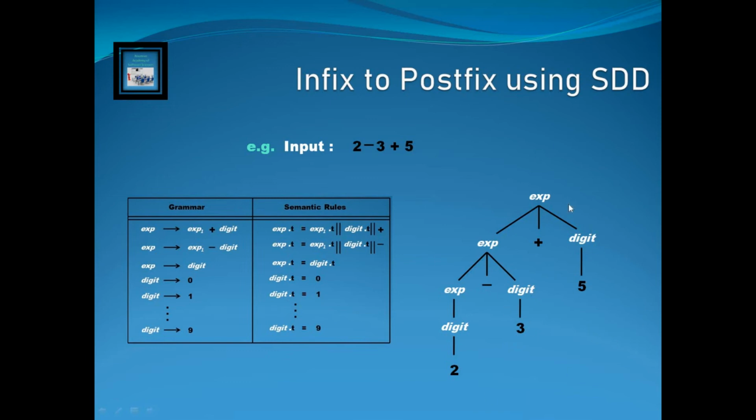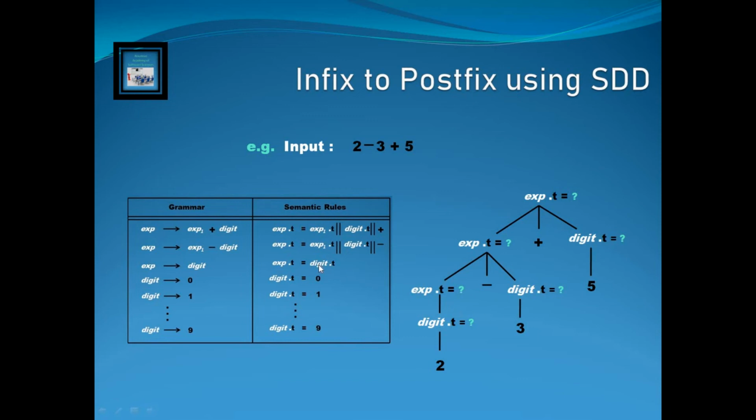So first of all we will just draw the parse tree for the given input, using the first column, the grammar. Then the second step is, at each grammar symbol we are going to write the corresponding attributes which are given within the semantic rules of the second column.